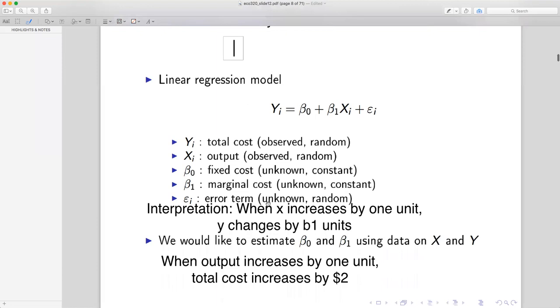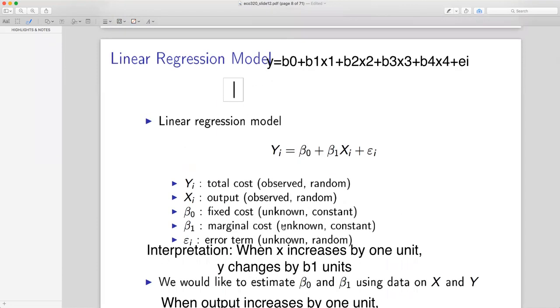Everything is the same, but you need to interpret each one separately. For X1, the interpretation is, holding other things constant.